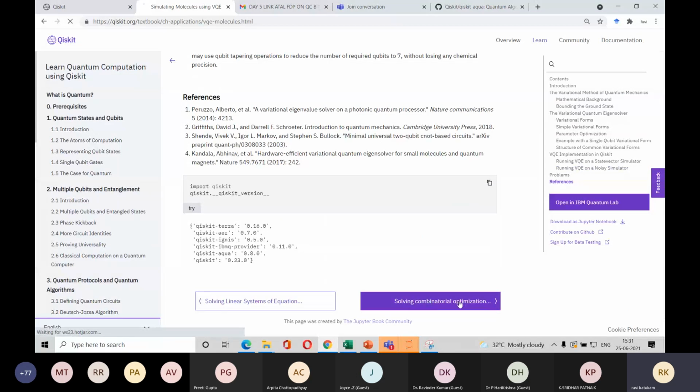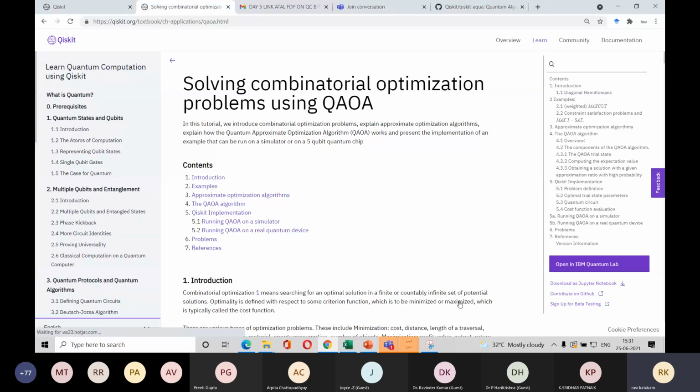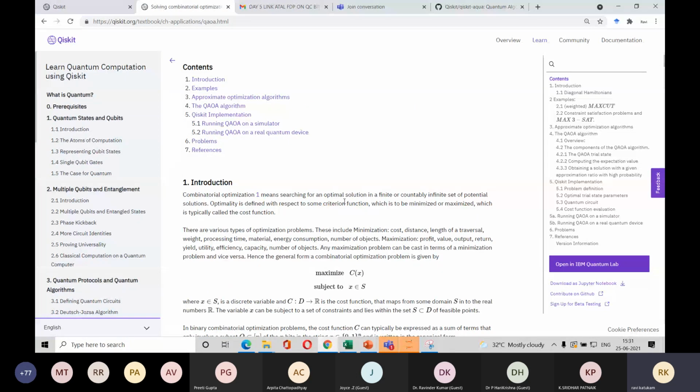Then combinatorial optimization. What it means: searching for an optimal solution in a finite or countably infinite set of potential solutions. This is combinatorial optimization. So you have a set of solutions. The way I was mentioning the traveling salesman problem or some other optimization problem where your solution can come from a set of predefined range of values.